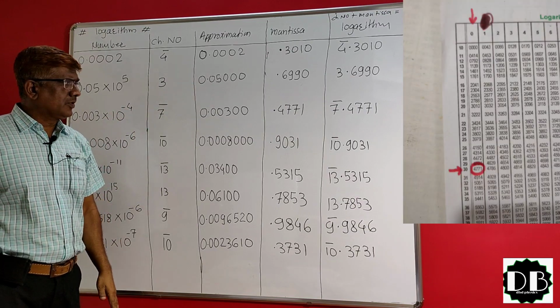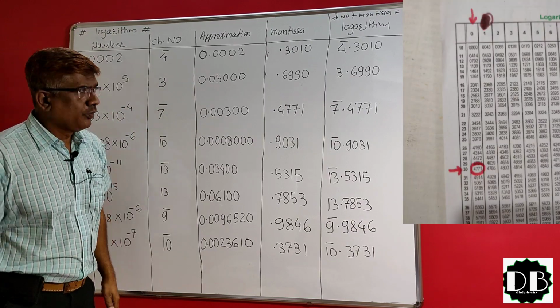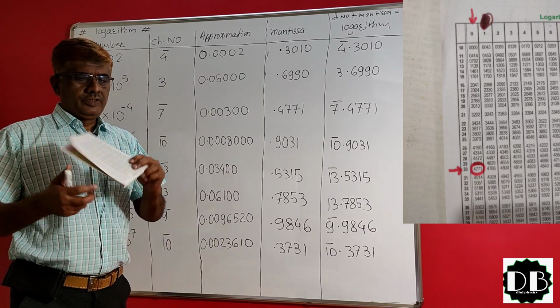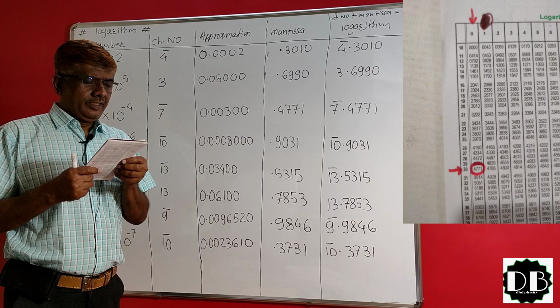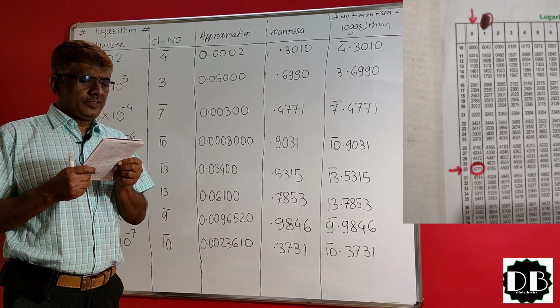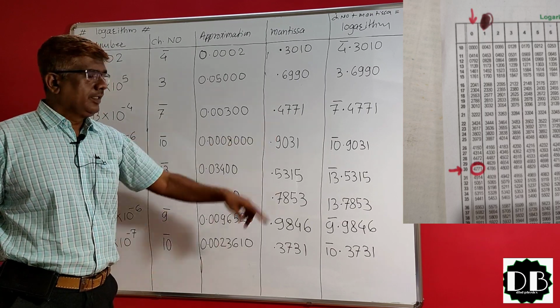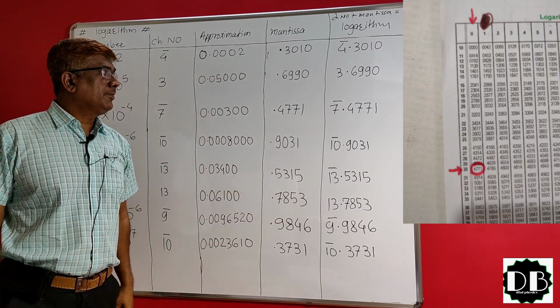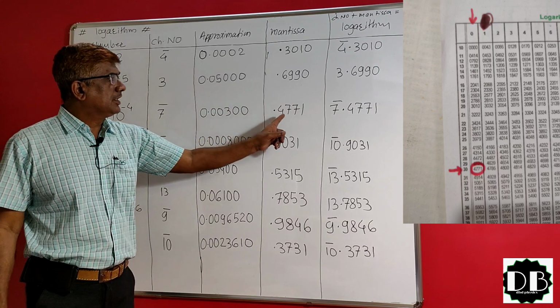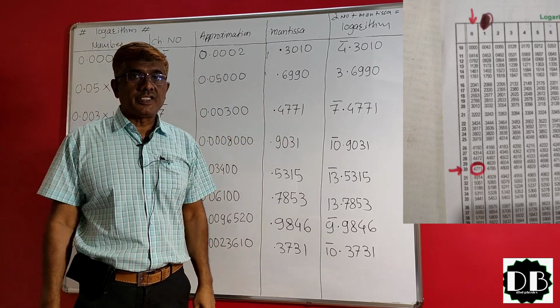Approximations remain as they are, don't bother about it. 30 to 0: see in the log table, search 30, and in the very next column 30 to 0, it is 4771. Once again, logarithm is obtained by adding character number plus mantissa: bar 7.4771.